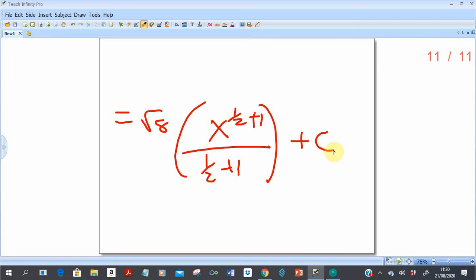But remember, these are definite integrals, so we omit the c and we just put the line and we have 0 to 2.